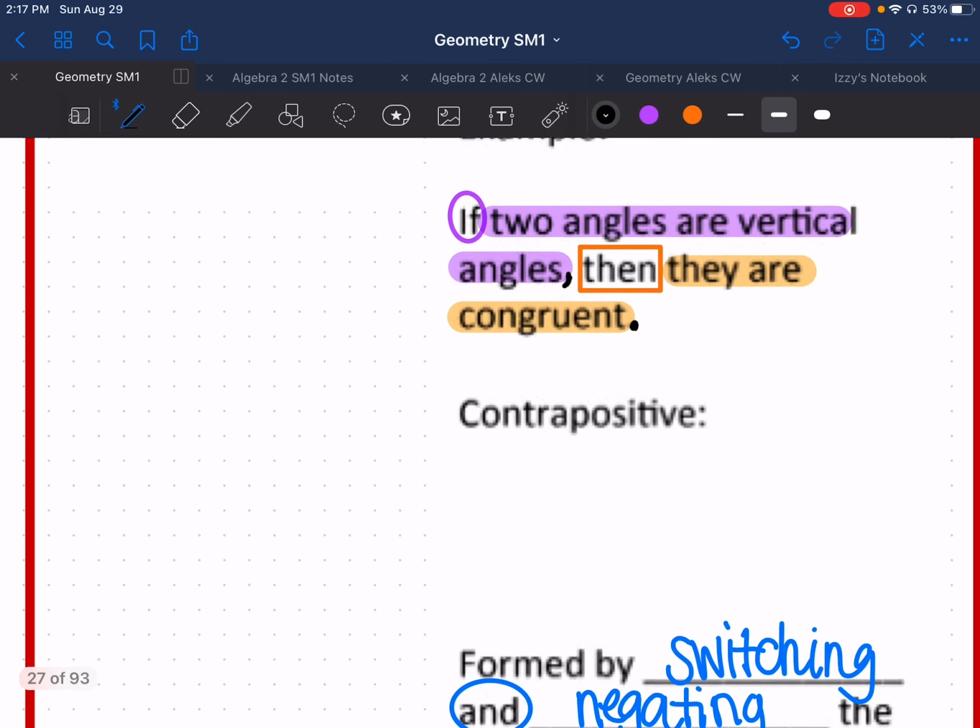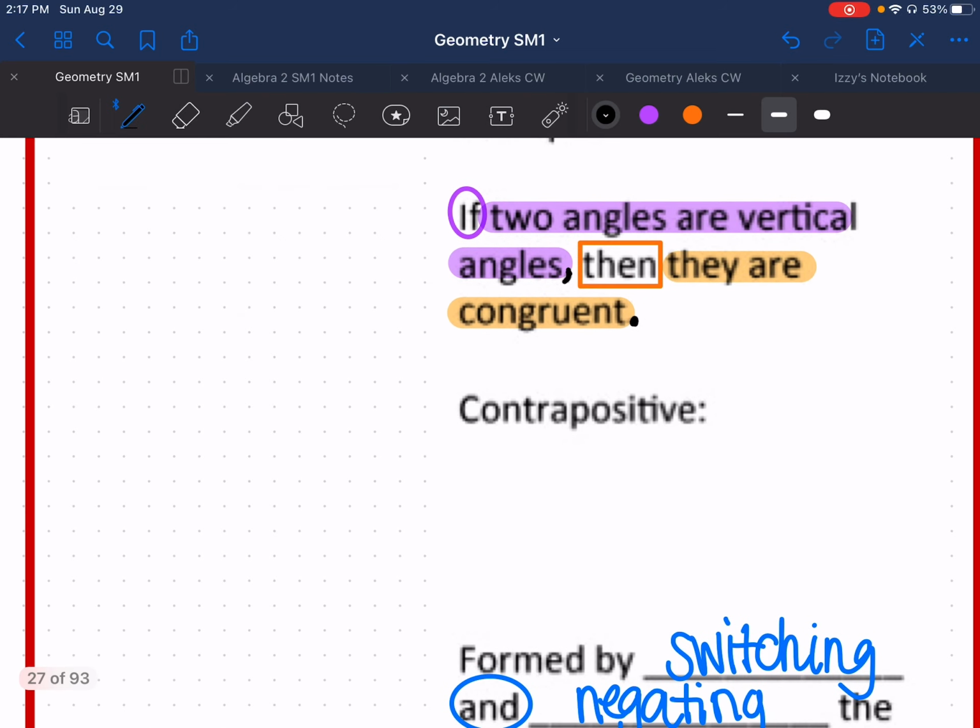All right, I'm going to keep the structure of if, comma, then, period, but the purple and the orange parts are going to switch and become the negation. So if, okay, so I should write if they are congruent. Now, technically, is that such a great way to start a sentence?